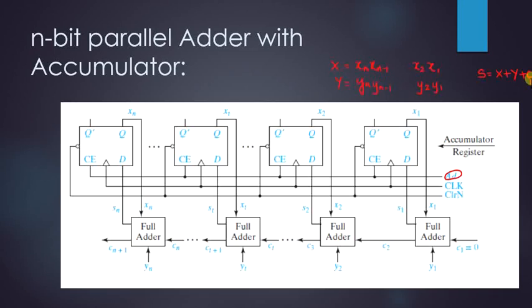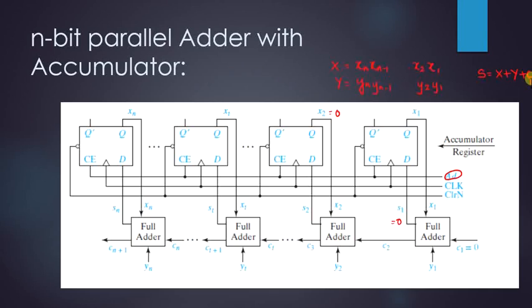If the value of Si is equal to 1, the next state of the flip-flop Xi will be equal to 1. If Si is equal to 0, then the next state of the flip-flop Xi will be equal to 0.